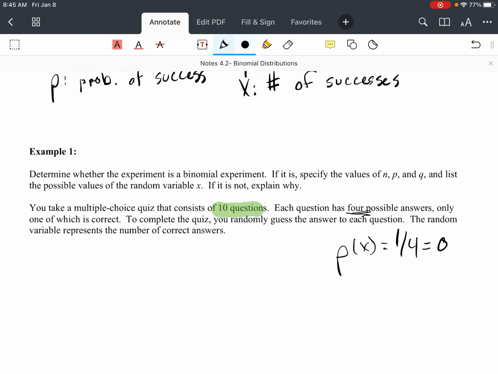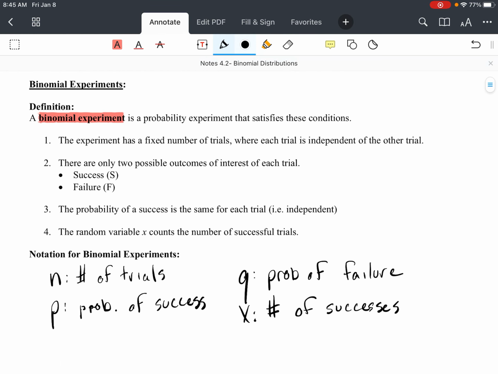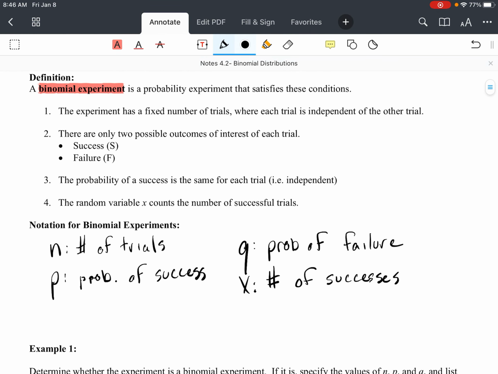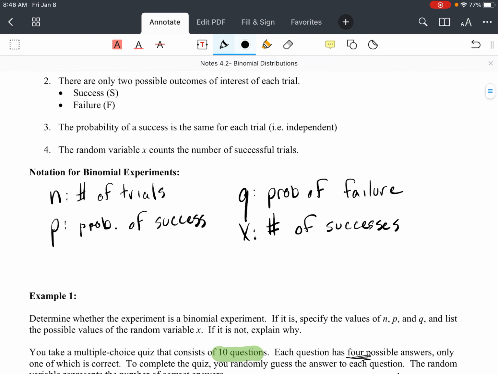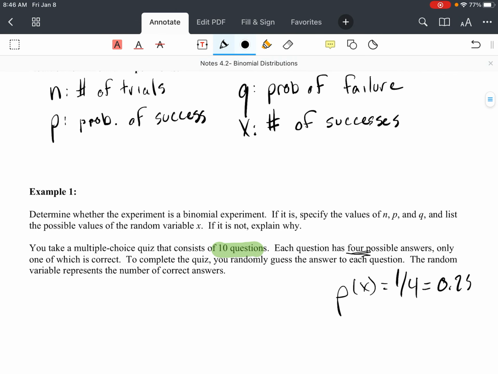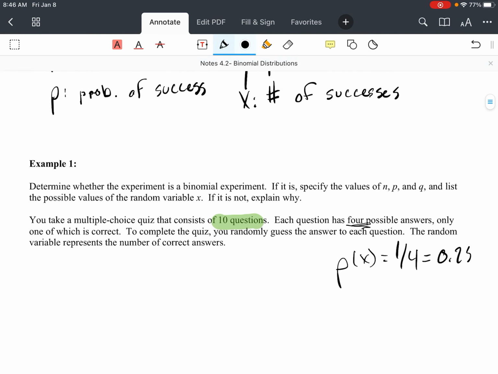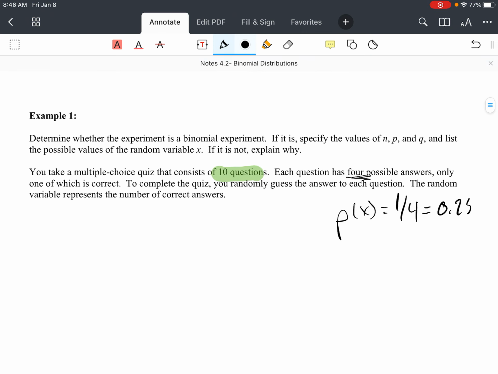So the probability of success is 1 in 4, or about 25%. So part 3 is met. And number 4, the random variable counts the number of successful trials, and yes, it does. So we can say that this is a binomial experiment.